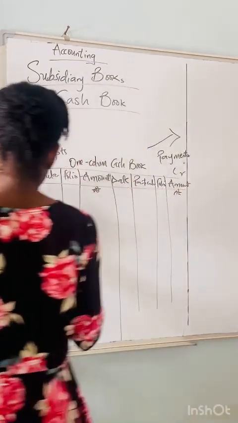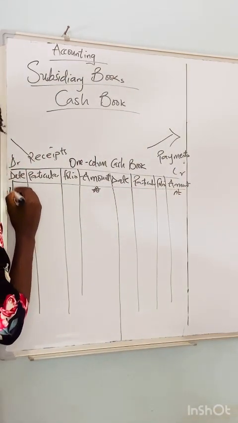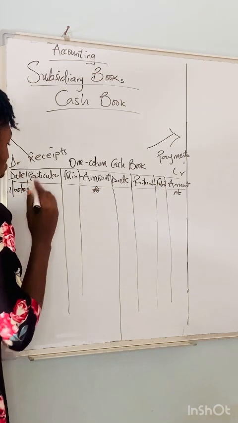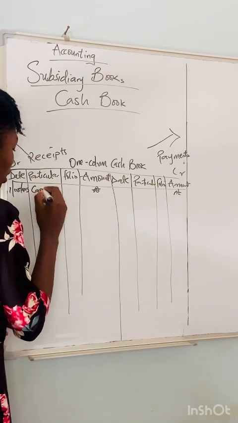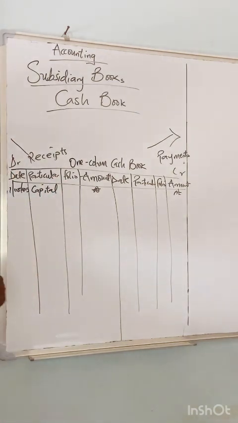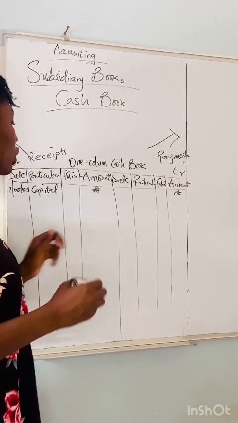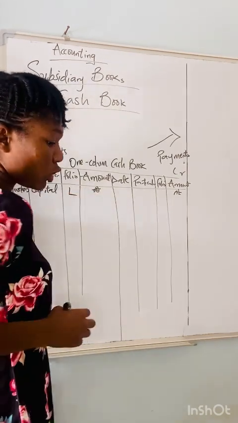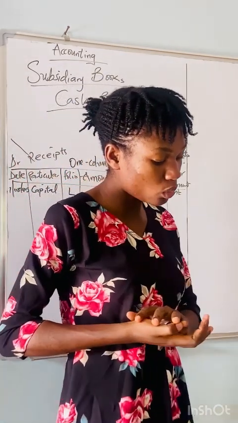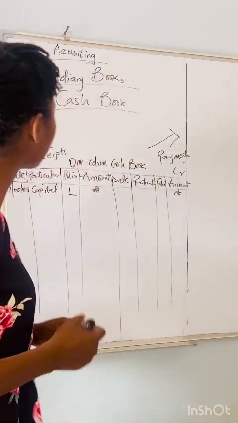So we'll be entering that on our date: 1st of August 2015. Our particular will be capital because we are having started business. The money used in starting the business is what we refer to as our capital. We can see the folio in the capital account in our ledger account, and then the amount we have here is 5,000 naira.